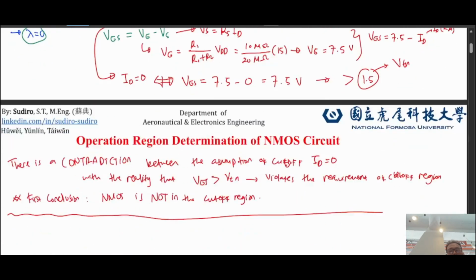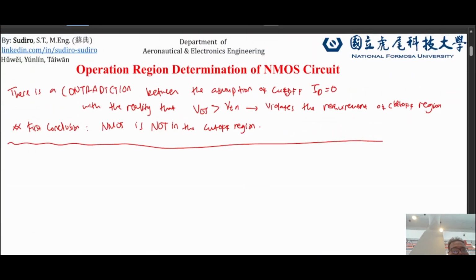Okay, the next one is we assume that NMOS is in the saturation region.